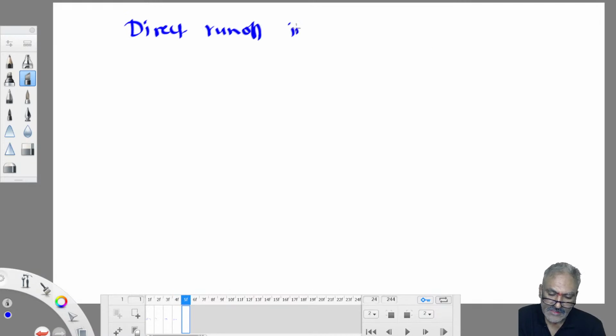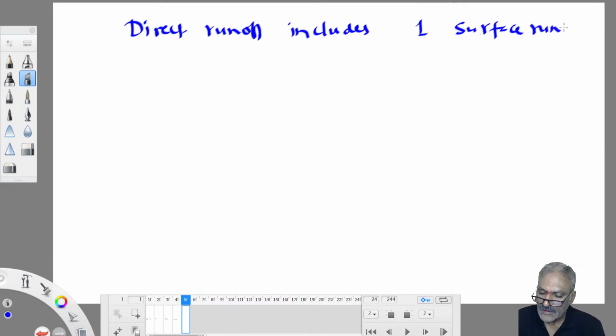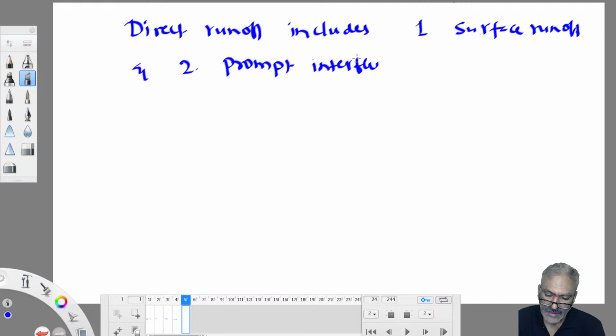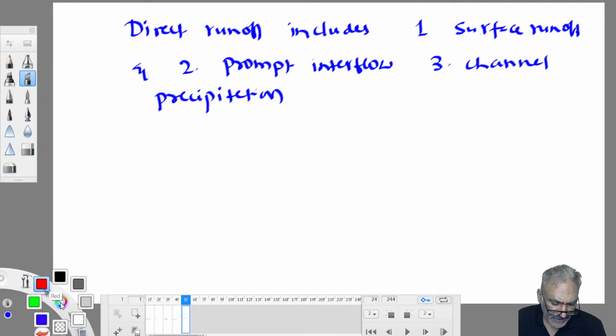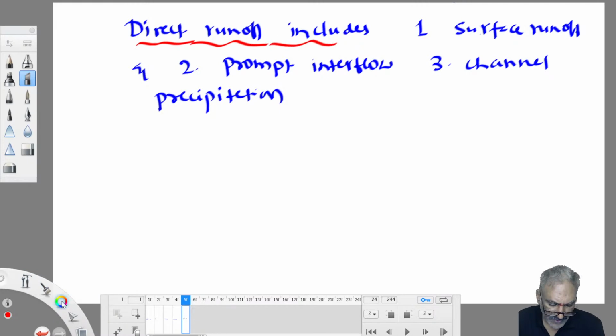Direct runoff includes one, surface runoff, two, prompt interflow, and channel precipitation. Precipitation that occurs straight away in the water body immediately, instantly joins the water body. That's called channel precipitation. All these three things put together are called direct runoff. Among these three, channel precipitation is so small compared to surface runoff and prompt interflow. Generally direct runoff means surface runoff and prompt interflow.